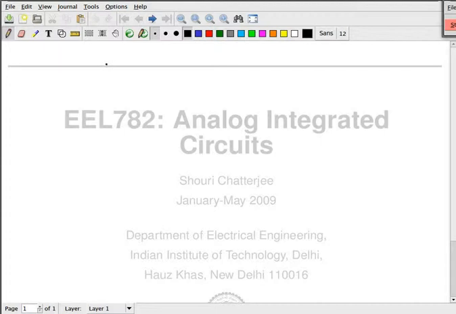Okay, so we have been talking about current sources, and last time we saw this configuration. This is my general current source, right?